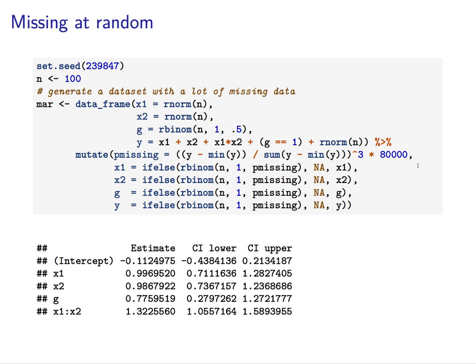It appears from the model output here. I'm not showing all the code for it, but it's similar to what we ran above. It appears from the model output that the coefficients didn't change that much. They're all fairly close to 1.